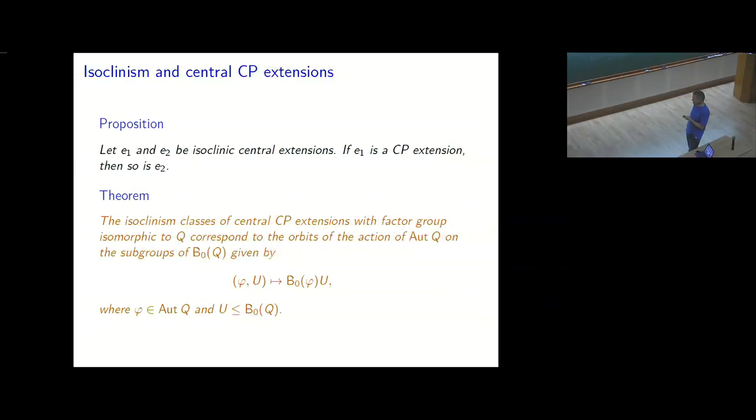The action is the obvious one: you take the induced map, this B naught of E is just the induced map, and you act with this map on this one, you get another subgroup of your B naught, okay? And this is it. You just take a look at the orbits, and you count the orbits. And for instance, if B naught is 0, right? Well, then you only have one isoclinism class of CP extensions. That's for instance.